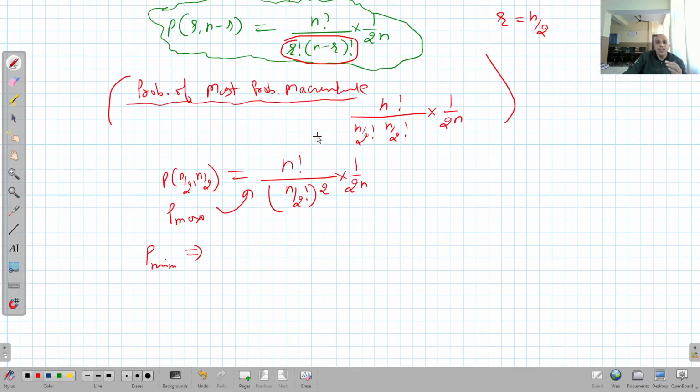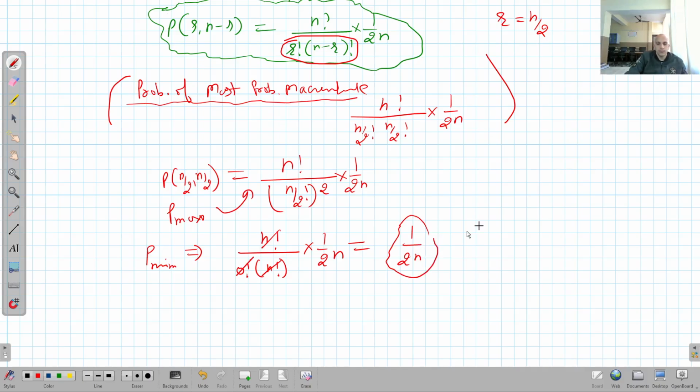So in that case r is equal to 0, it means n factorial upon 0 factorial into n minus r means n factorial. Clear? Into 1 upon 2 raised to power n, and 0 factorial is 1, right? So it gives me 1 upon 2 raised to power n, right? So this is the minimum value of the probability.